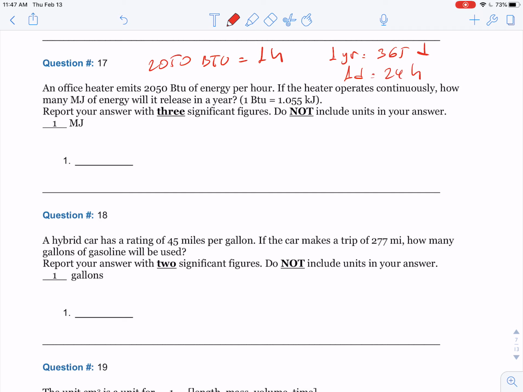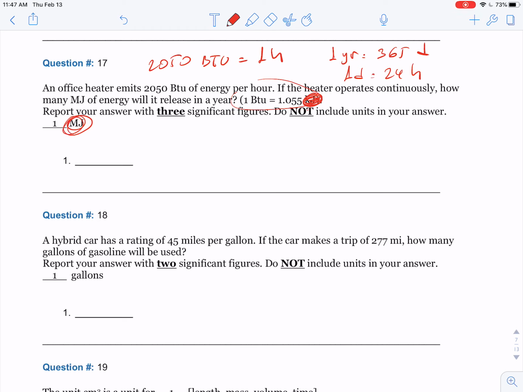And how much energy is released? And here you have an additional conversion factor that takes BTU to kilojoules. Okay, however, this is kilojoules and you have megajoules here, so you have to be careful with that.